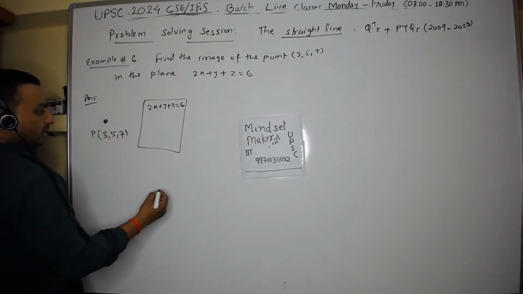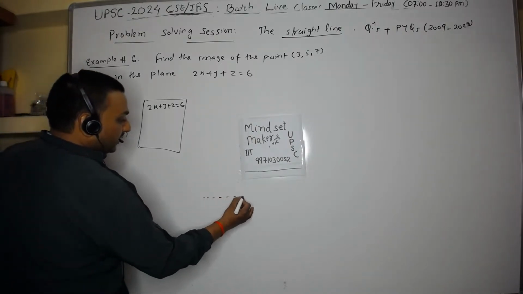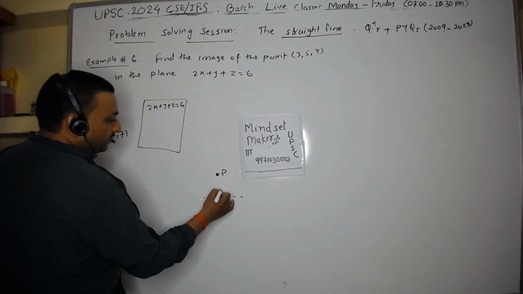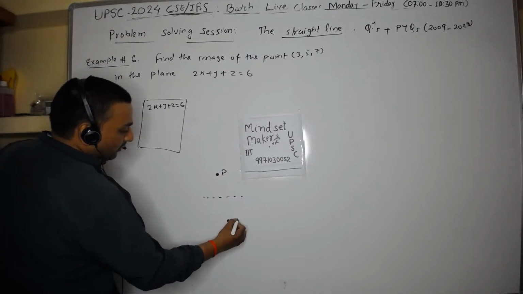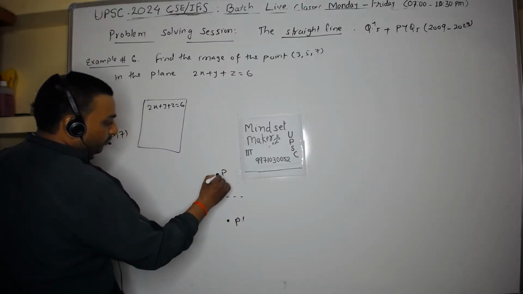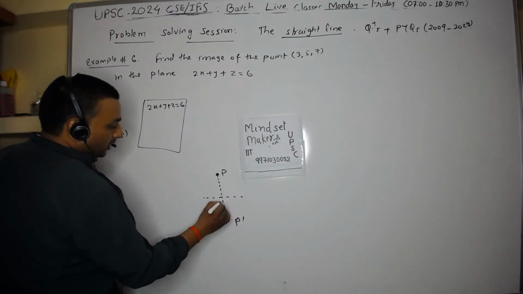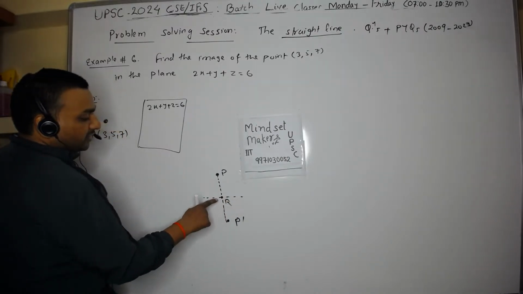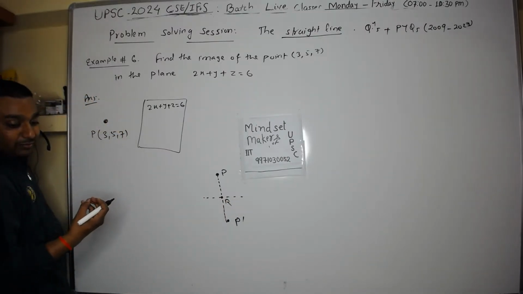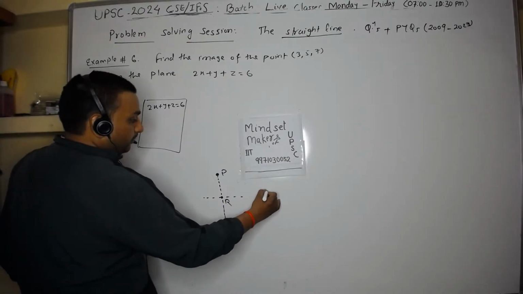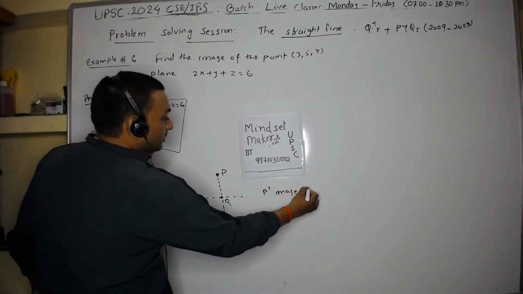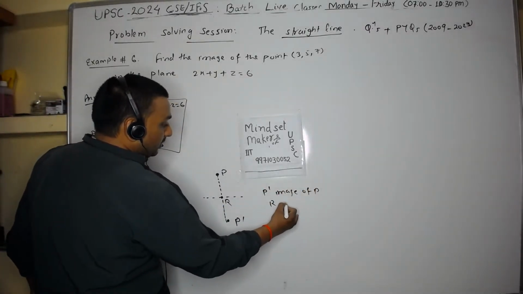So the image will be P dash, where R will be the middle point. P dash is the image of P.